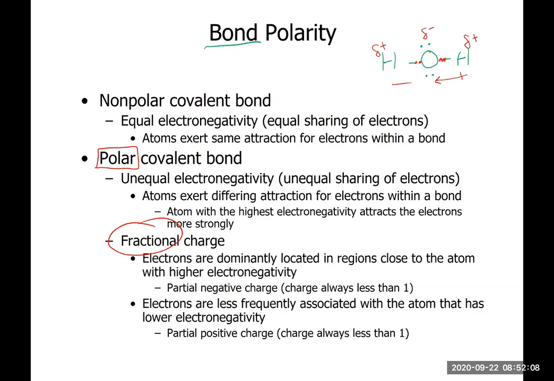And we can do that on this side as well. So electrons are dominantly located in regions that are close to the atom that has the higher electronegativity, and that gives it the partial negative charge. And so that electron that's being still shared with hydrogen is closer to the oxygen nucleus.